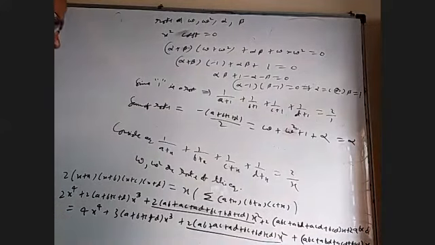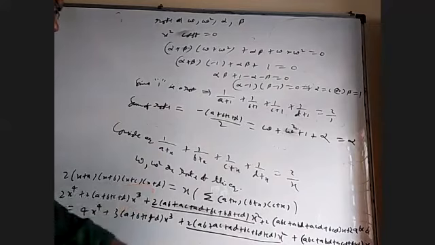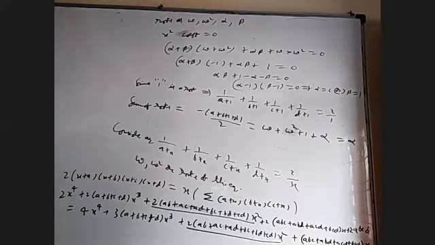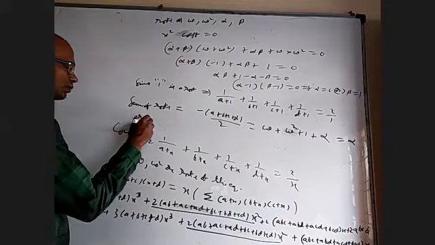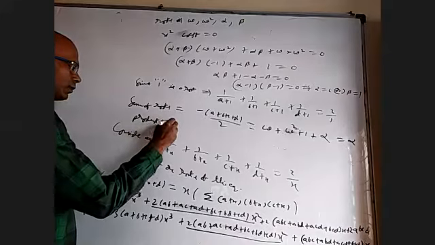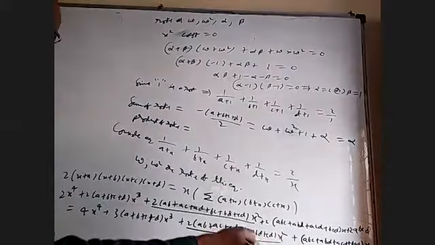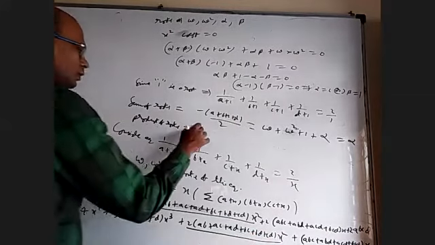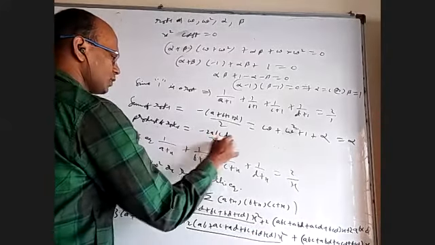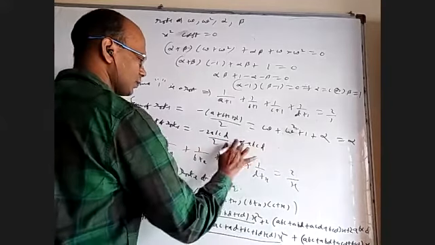Another way to find alpha is to use the product of the roots. When you bring this over, the constant is 2abcd, and the coefficient of x power 4 is 2. So when I take the product of roots, one way is minus 2abcd by 2, which is minus abcd.